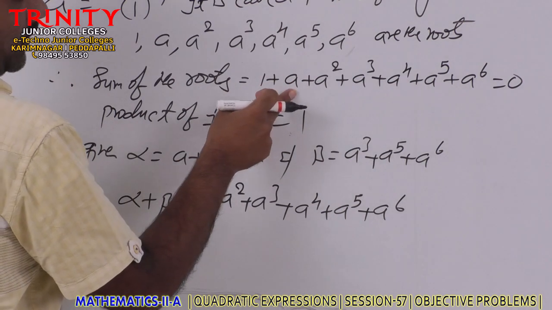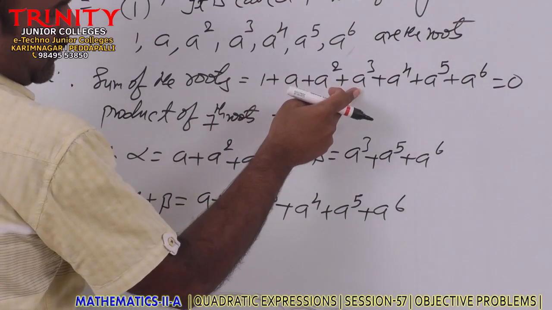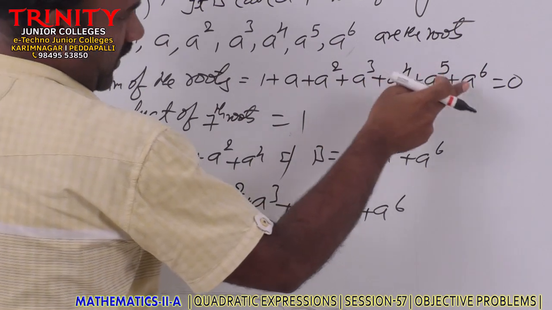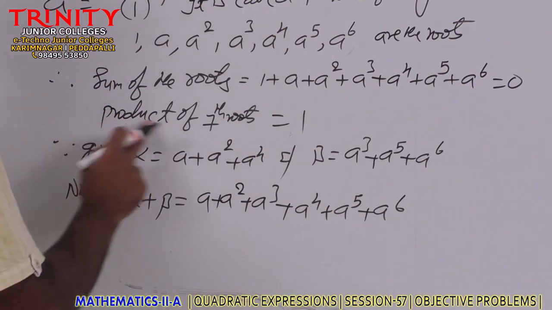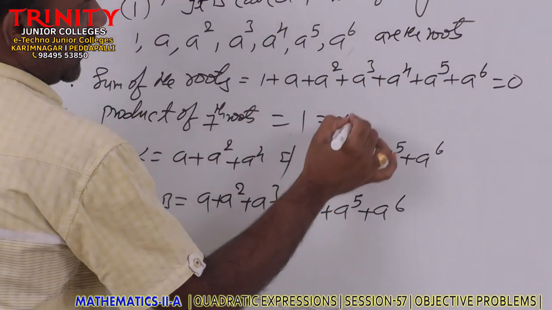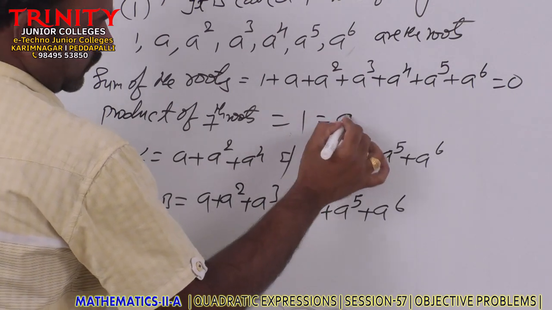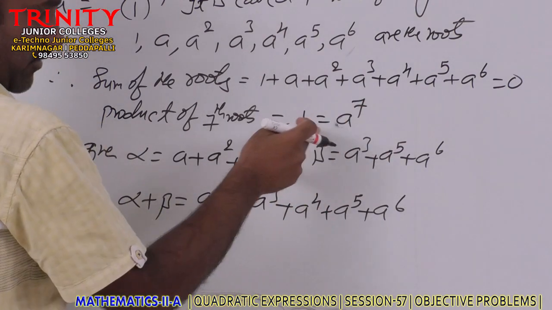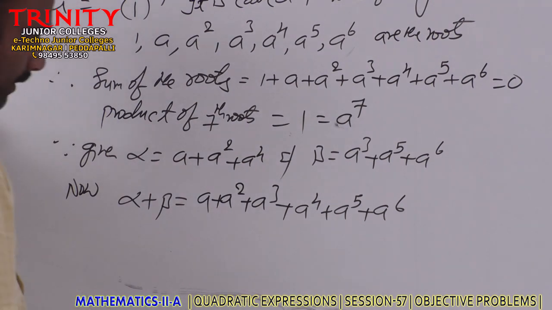Here the product of the seventh roots is a power 7, and a power 7 value is equivalent to 1.